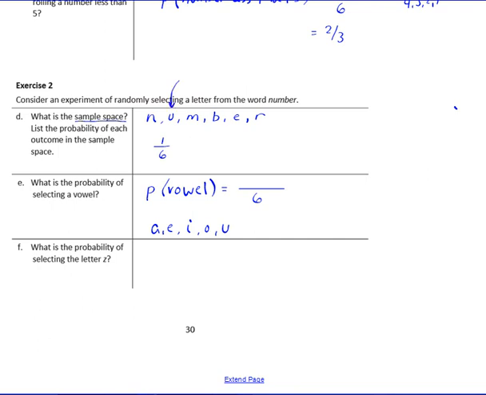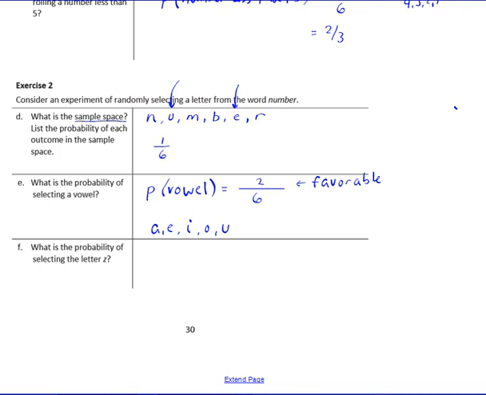U is a vowel and E is a vowel. So there are 2 favorable outcomes. Remember, in theoretical probability, the numerator is the number of favorable outcomes. In experimental probability, the numerator would be the number of times that a vowel was chosen.